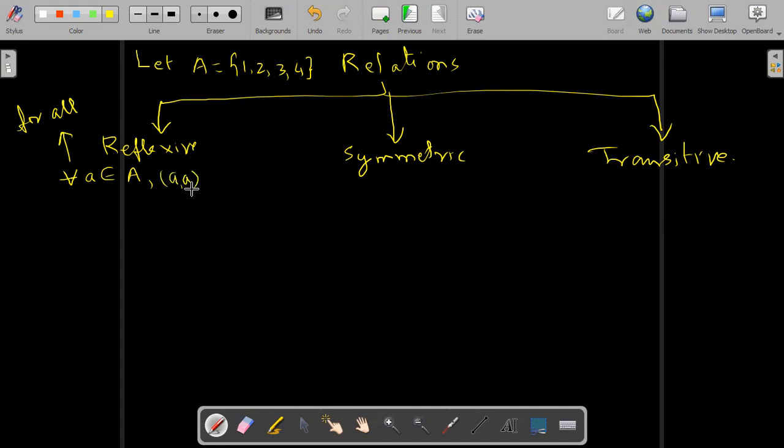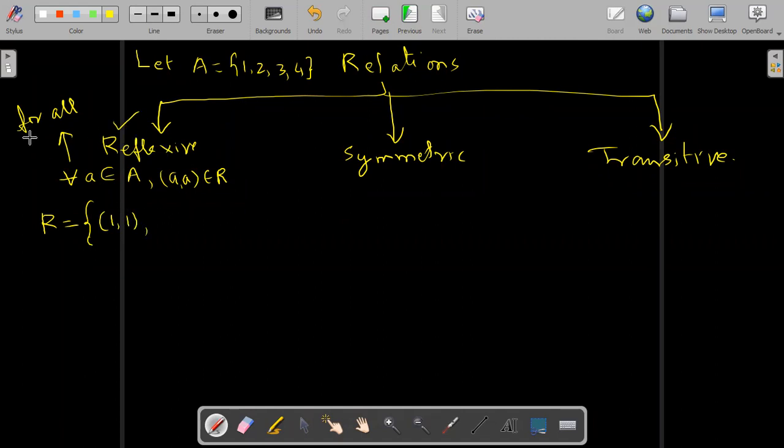If (a, a) belongs to relation R, then it is called a reflexive relation. For example, if I want to write a reflexive relation, it should have 1 1, 2 2, 3 3, 4 4. If 4 4 is not there or 3 3 is not there, then it is not reflexive. For reflexive, every element should have its doublet. If any one is not there, then it is not reflexive.